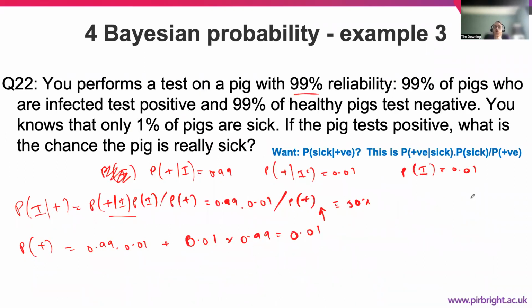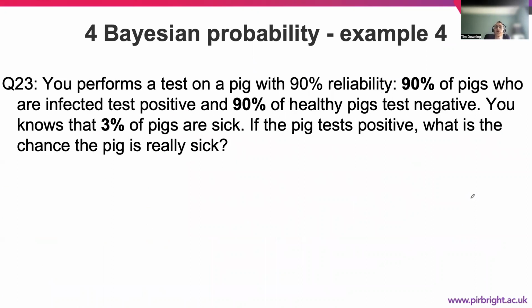If we then change the values, so we decrease the accuracy of the test to 90% and 90%, and we increase the frequency, so the probability of being infected now is 0.03, the probability of testing positive if you're infected is 0.9. The probability of testing positive if you're not infected is 0.1.